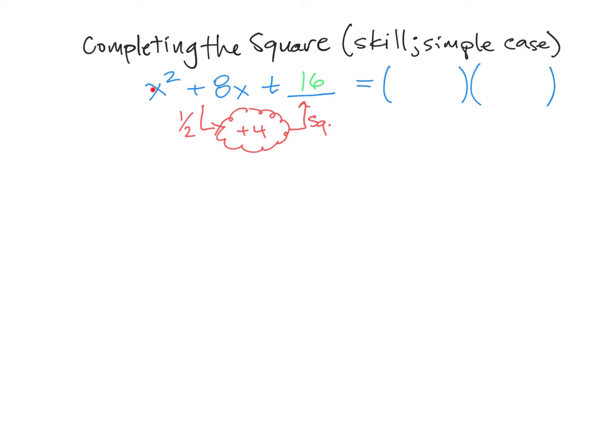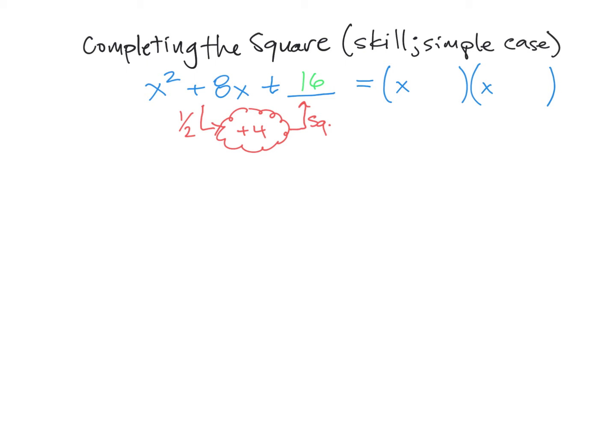And the only real two things I can multiply together to get x squared are x times x. So I'm going to fill this in with an x and an x there and there. And then I'm going to do a similar thought. I'm going to ask myself, what two numbers can I multiply together, last times last, to get me this positive 16? Well, it could be 1 and 16, it could be 2 and 8, or it could be 4 and 4. Give or take some positives or negatives.